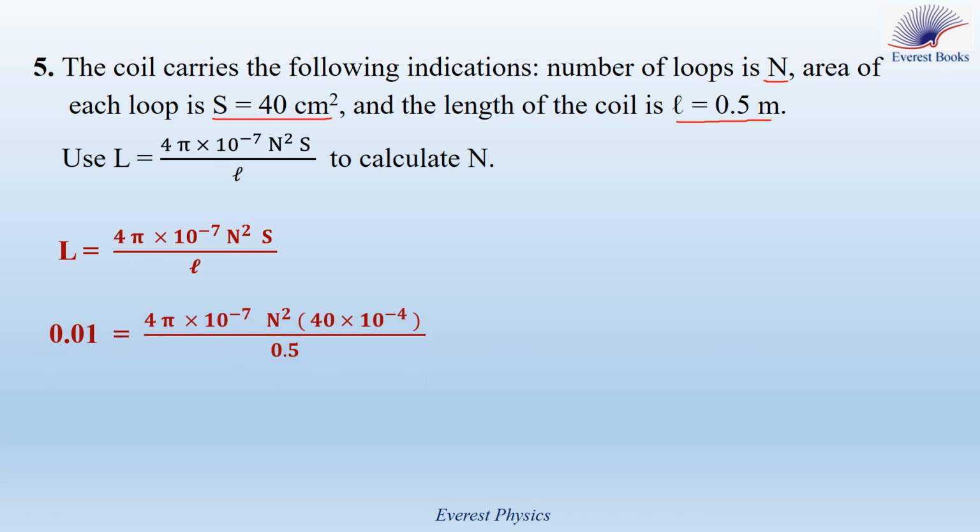L is equal to 0.01 henry. S is equal to 40 cm squared, which is equivalent to 40 times 10 to the power minus 4 meters squared. l is equal to 0.5 meters, and now the value of N is approximately equal to 998 turns.